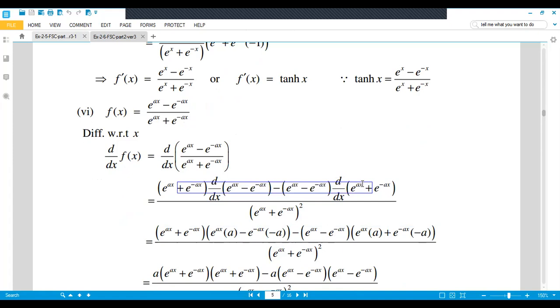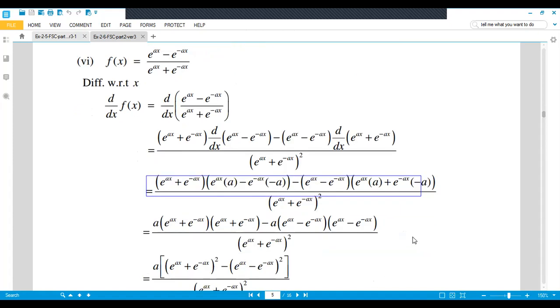The derivative of e power ax is e power ax into a, plus e power minus ax is minus a. Now here minus a, and here also minus a, so a is common in both, given in the form of multiplication. So you take a common.